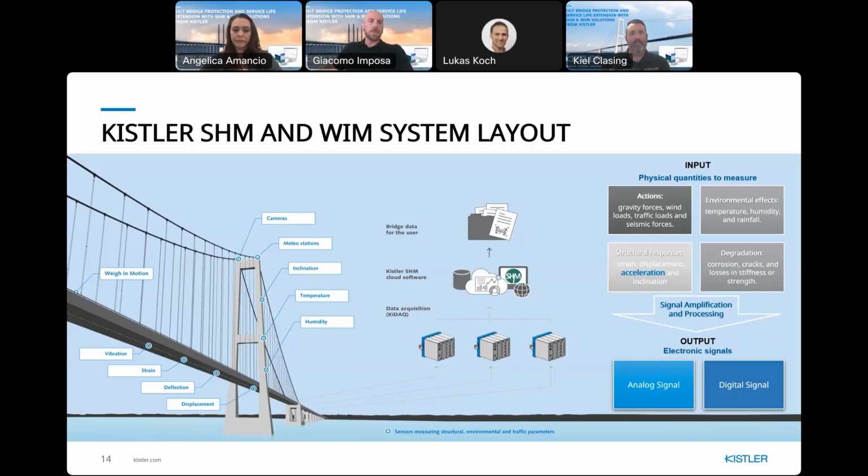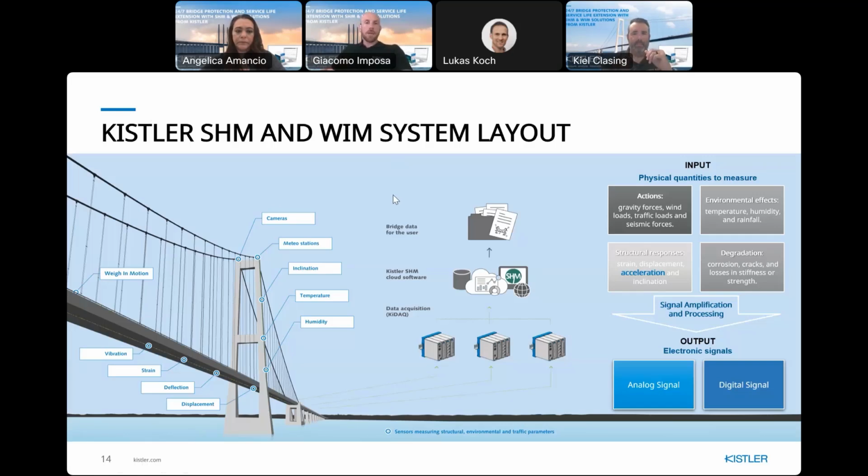Basically, we have different types of sensors, and for each sensor, we are able to detect any type of parameters that are really interesting for bridges. Those inputs are basically described on the right side of the slide, so we are able to define the gravity force, wind force, and every type of action that affects the bridge.